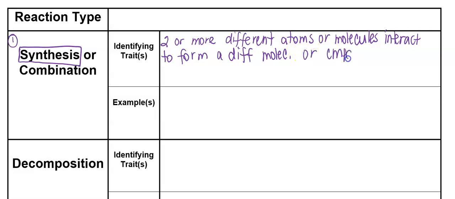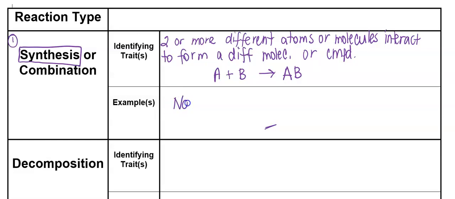I'm just going to shorthand some of these words. Generically, I'll just use letters to explain that. So if you have some sort of atom or molecule and some sort of atom or molecule, and you've combined them, you've synthesized and made a new molecule or compound, depending if it's nonmetal or metal and nonmetal.